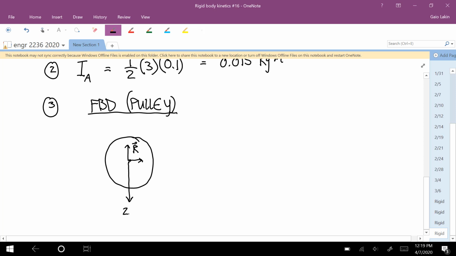That's 3 times 9.81. Since these two things are both happening at the about point, neither of those is going to come into the rotational, the moment equation. And then we have here a cable force, T. And over here we have a cable force of 600.